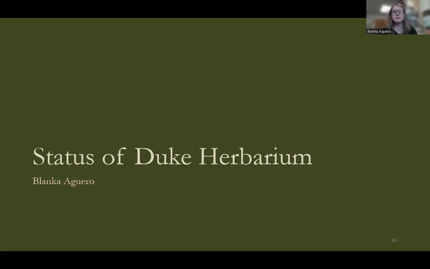Priority number 1 is returning every specimen that is not ours to its home. Priority number 2 is getting our things back. Meanwhile, we are trying to tackle the backlog as well as we can, because those are the endangered specimens. If things are not in cases, they can be lost along the way.